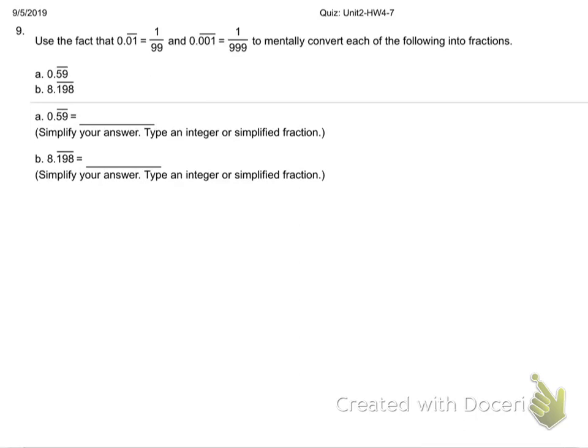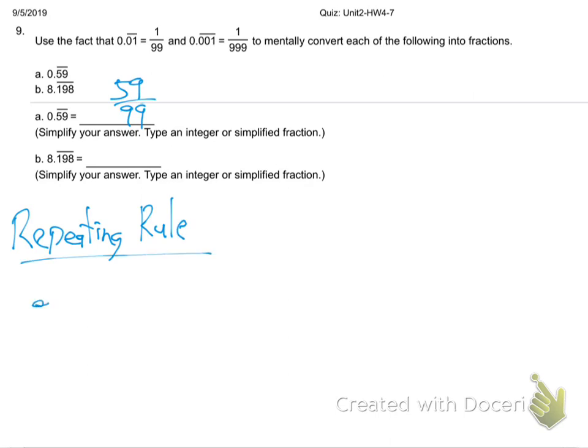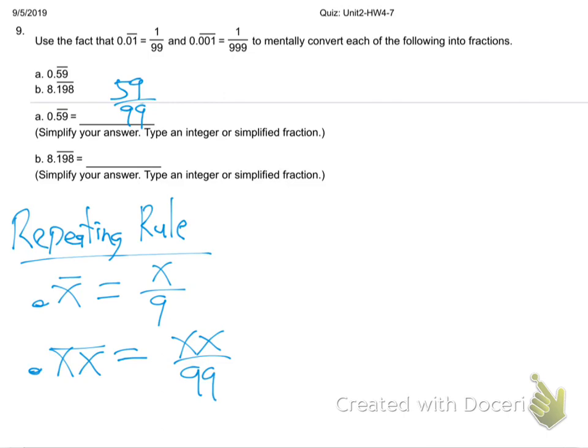There we go. And then number 9. So let's come down here. 0.59 bar. Well, that's just going to be 59 over 99. Remember how we learned the repeating rule: if you have point x bar, that means x over 9. If you have 2 of them, that means x over 99, etc. So this means 59 over 99.